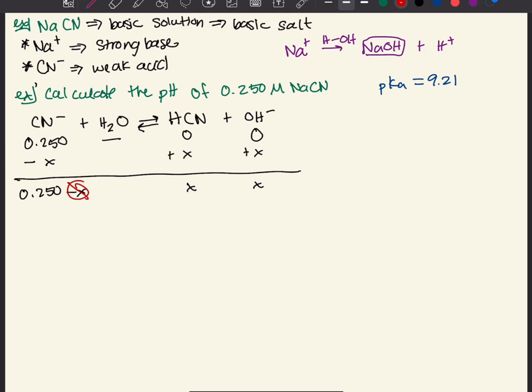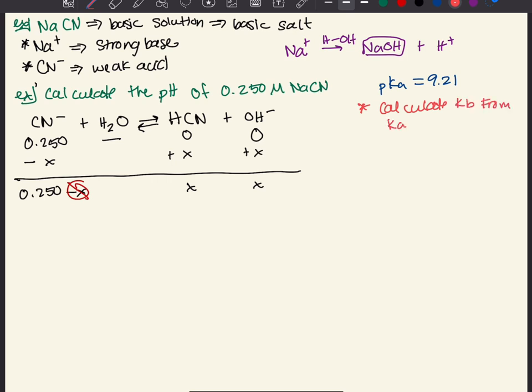Now, this is where I see a lot of mistakes. Cyanide is not behaving as an acid. It is behaving as a base. So I cannot use the pKa for this, but you'll notice the reverse process is Ka. So I can calculate Kb from Ka.